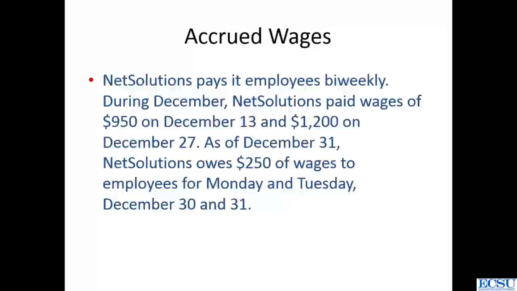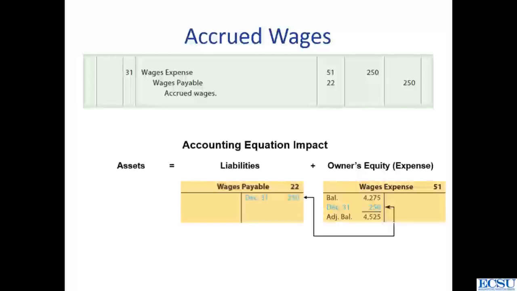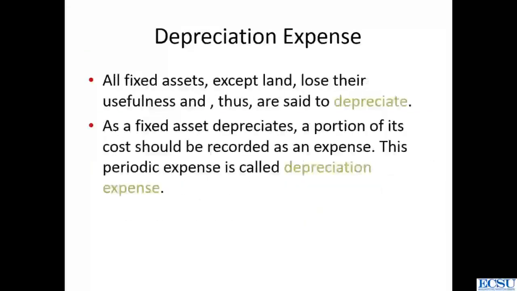So therefore, I need to make that as accrued wages. So that's a wages payable account of 250, and I would have to recognize that 250 as an expense. Expense is increasing, therefore I'm debiting it, and the liability is also increasing, therefore I am crediting it. Now of course they follow the opposite rules of debit and credit.